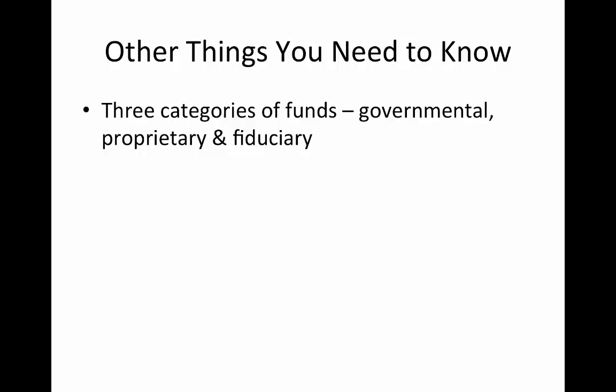In terms of other things that you need to know, what the three categories of funds are: governmental, proprietary, and fiduciary, and what the fund types are within each of those categories: the 5 governmental, the 2 proprietary, and the 4 fiduciary fund types.